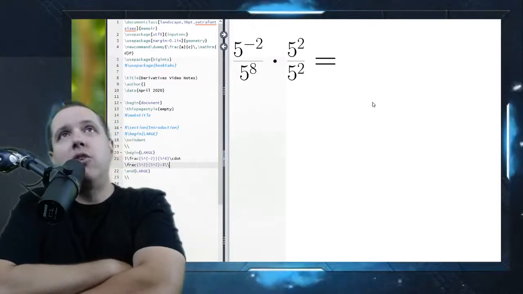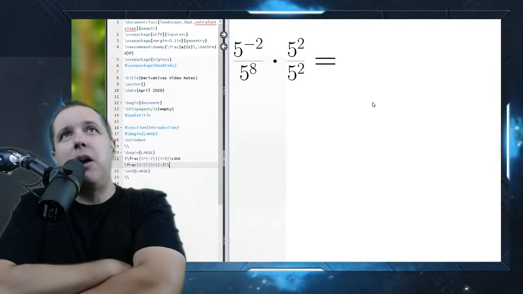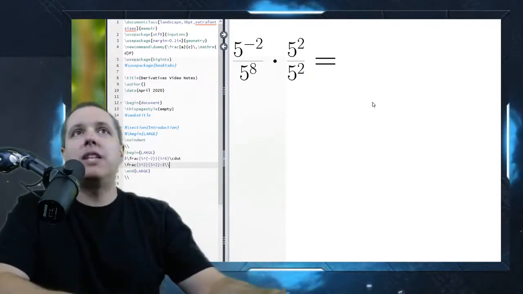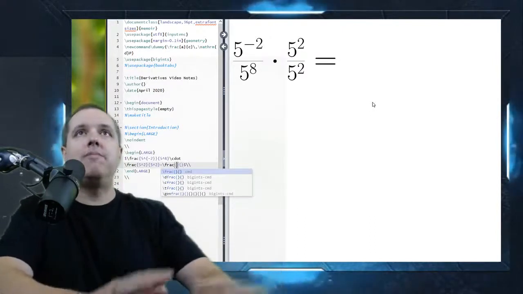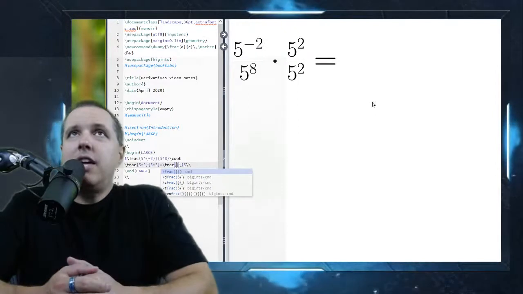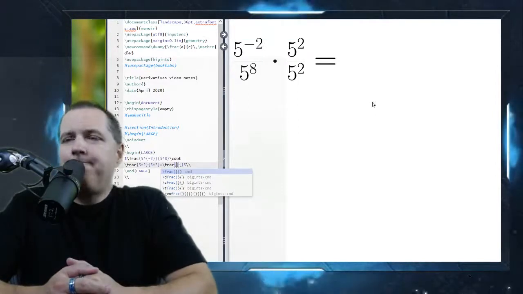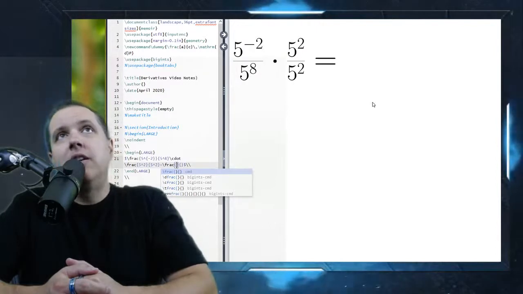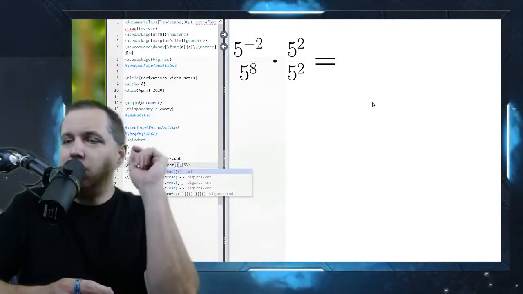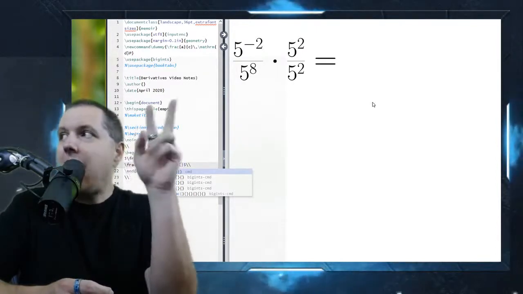But if you think of it this way, if I multiply the top and bottom of this equation, what do our exponent rules say we would get? Well, we're going to get a fraction again. So 5 to the negative 2 times 5 squared. Which exponent rule should I be using here? That's right, the one that says we should add exponents.